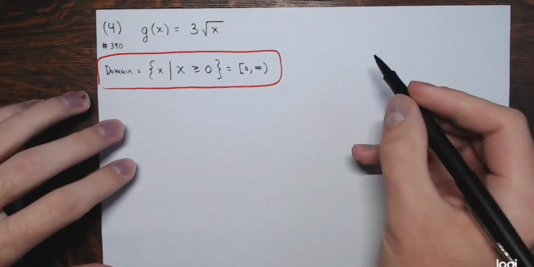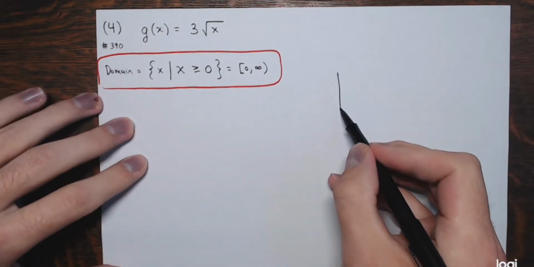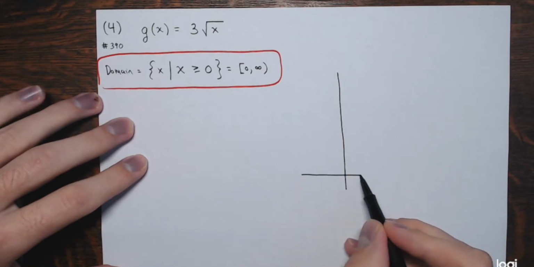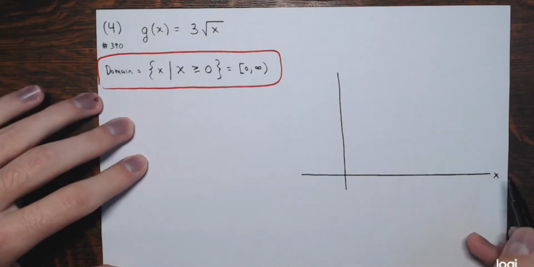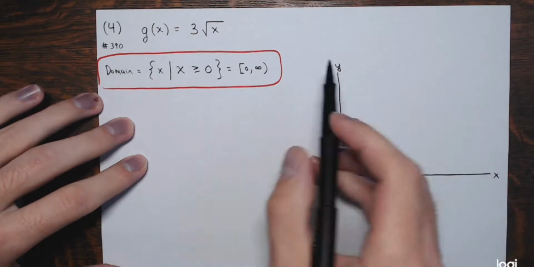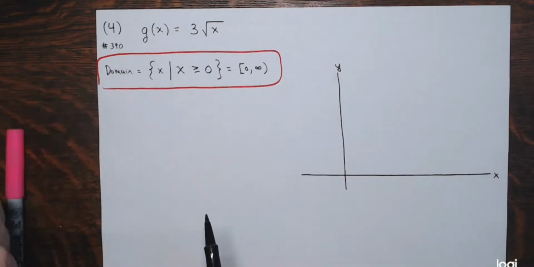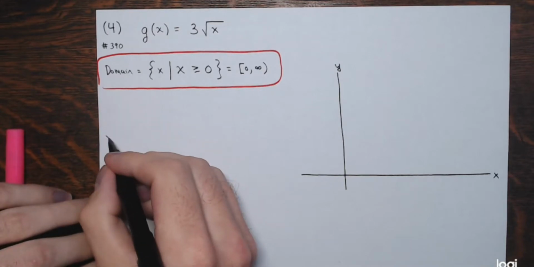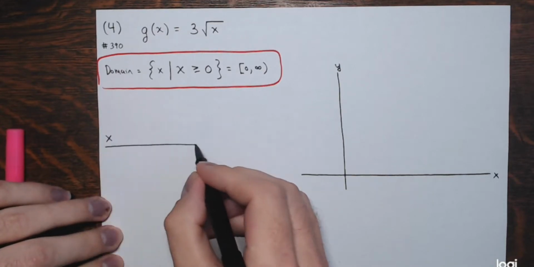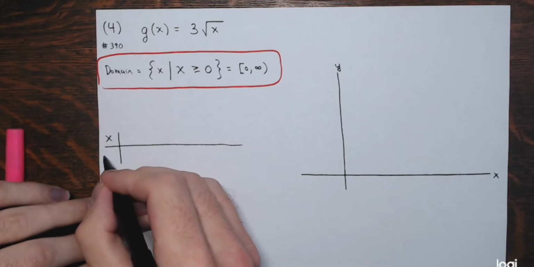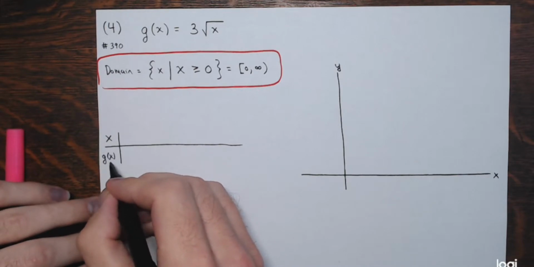All right, then we'll make a graph. X-axis, y-axis, or g-axis if you want to call it the g-axis. That wouldn't be wrong. And then I'm making a little table here with inputs x and then outputs g of x or y.